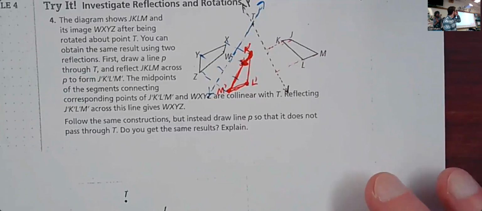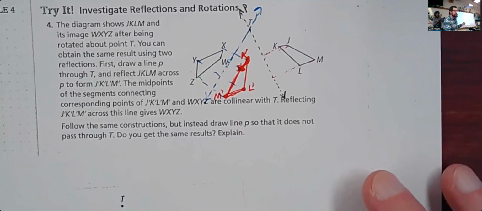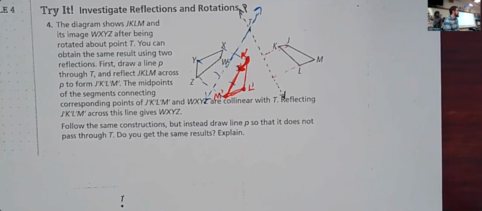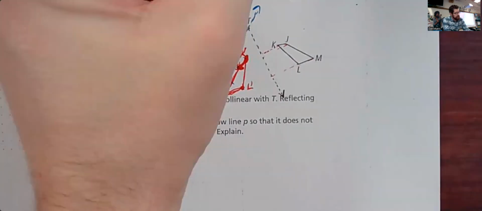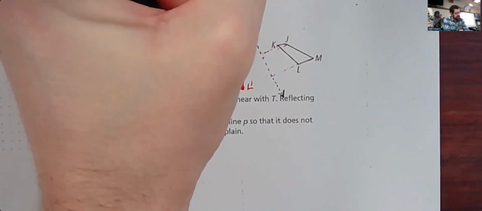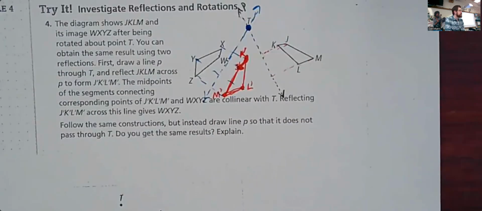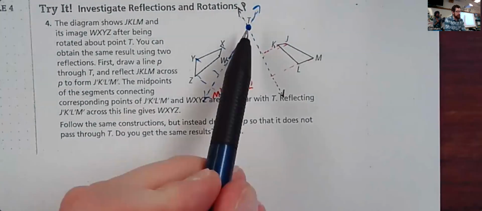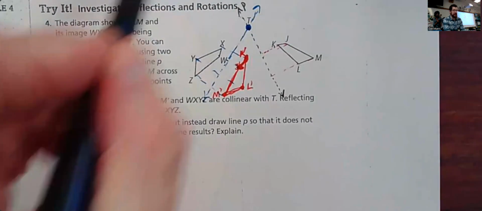So basically what we're saying is that a rotation could also be a composition of two reflections. And those two reflections will always go through the point at which the things are rotated around. Or at least the lines of reflection will always go through the point at which those things are rotated around.